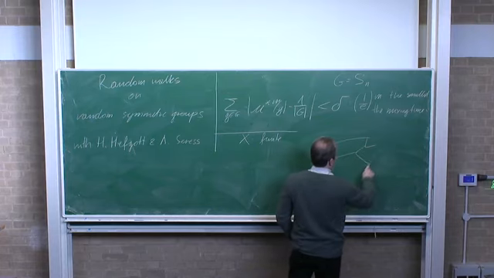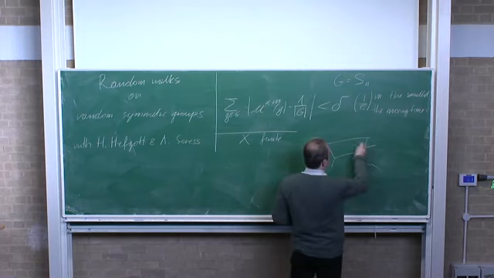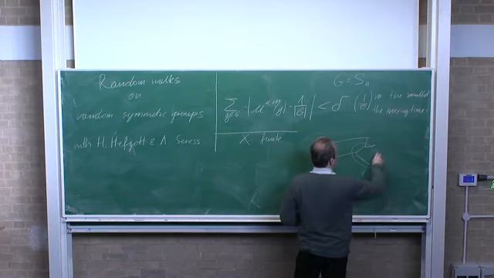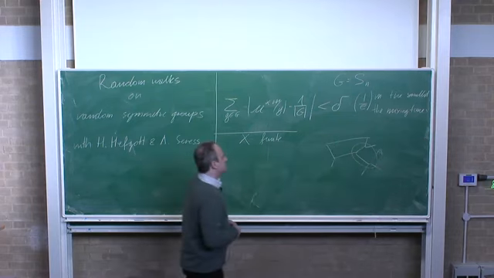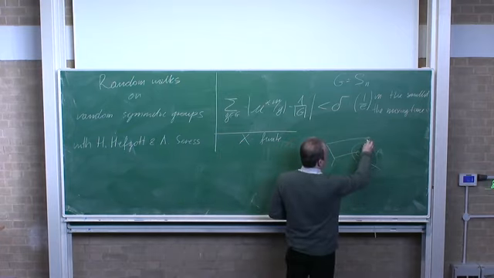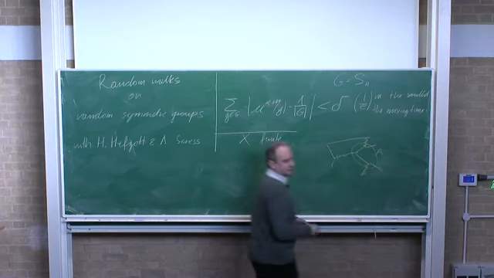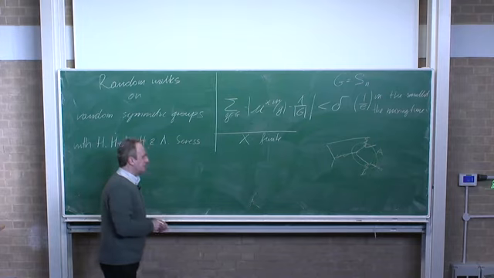So for such a graph and for any finite subset of vertices A, we'll define its boundary as the set of edges with one extremity inside and another one outside of A.